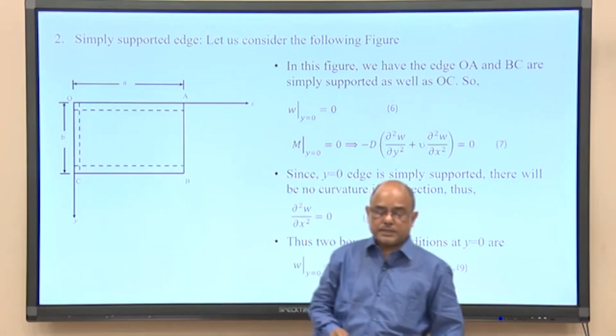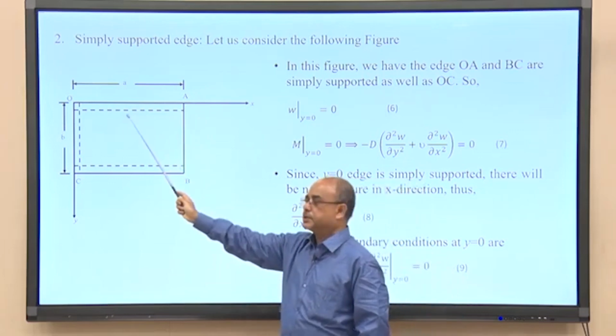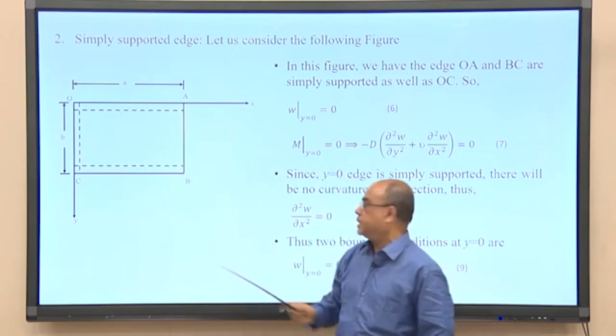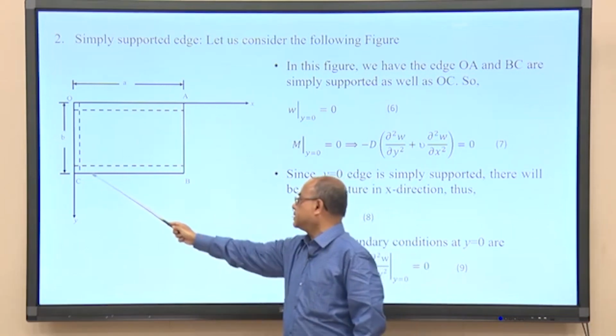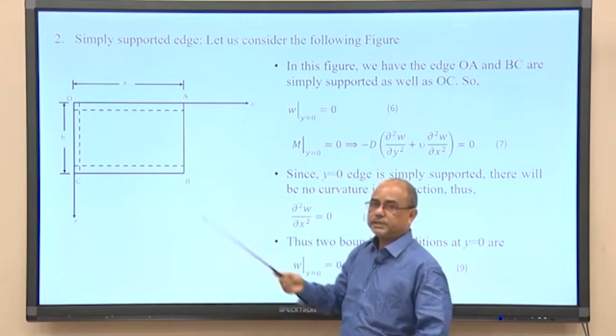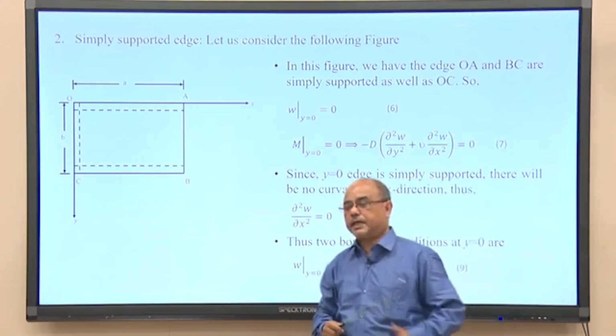Then y is equal to 0, that means the edge OA is also simply supported, and then y is equal to B, that is the side CB or BC, is also simply supported. So, let us see what conditions are to be written for simply supported edges.